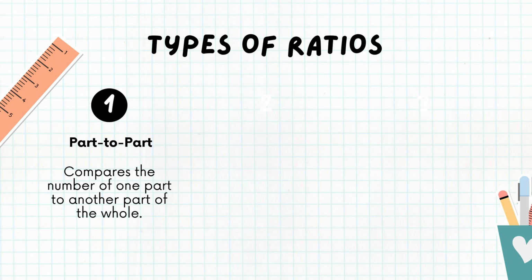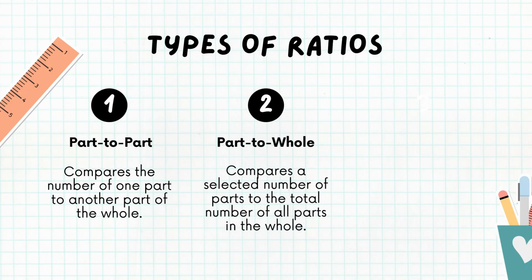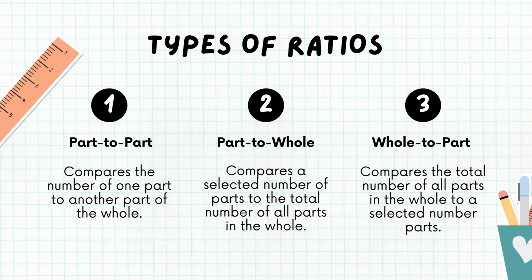Compares the number of one part to another part of the whole. Second, part to whole. Compares a selected number of parts to the total number of all parts in the whole. And lastly, whole to part. Compares the total number of all parts in the whole to a selected number of parts.